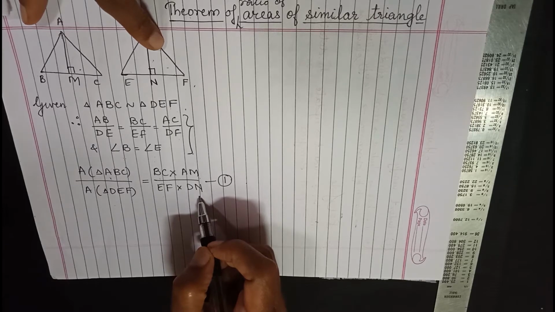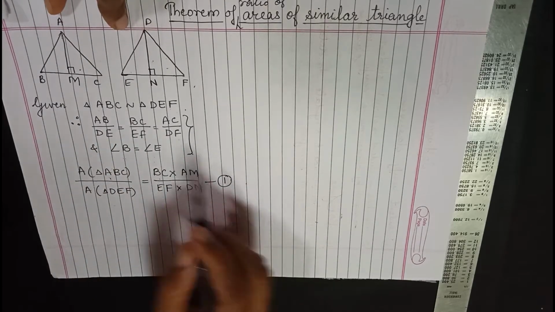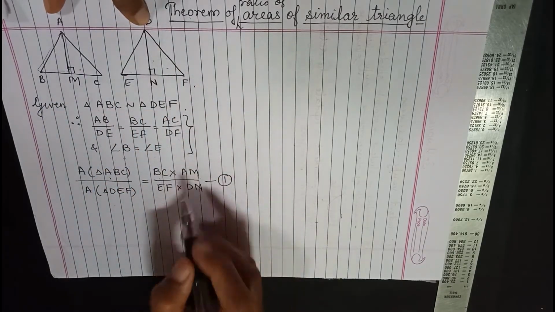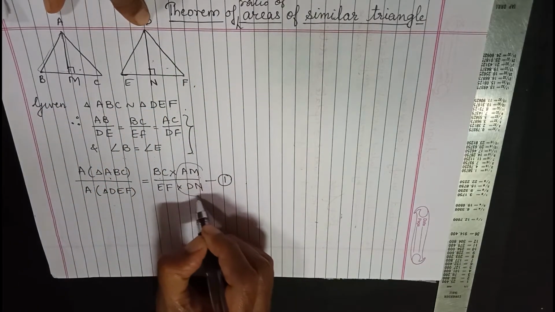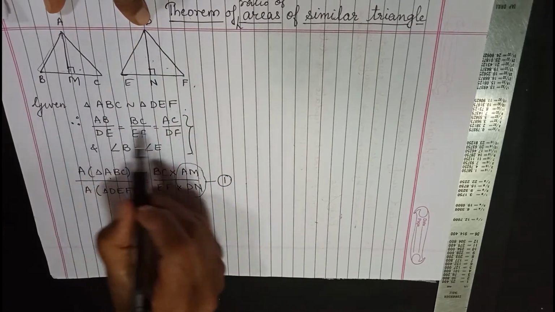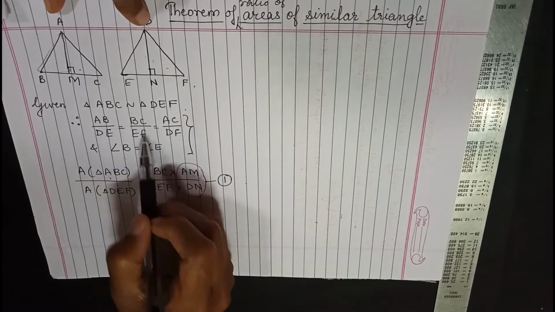Now, what we have to do is prove that these two triangles are similar, because I'm trying to find out whether this height AM upon DN is also equal to the ratio of the corresponding sides.